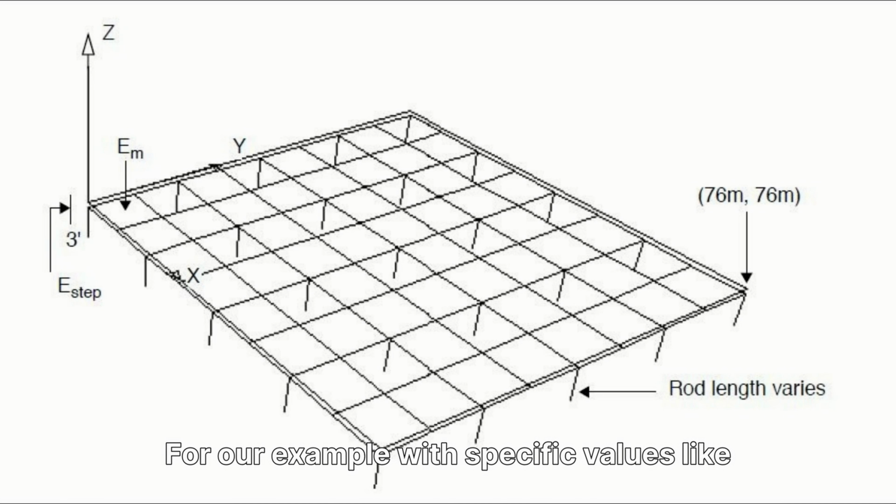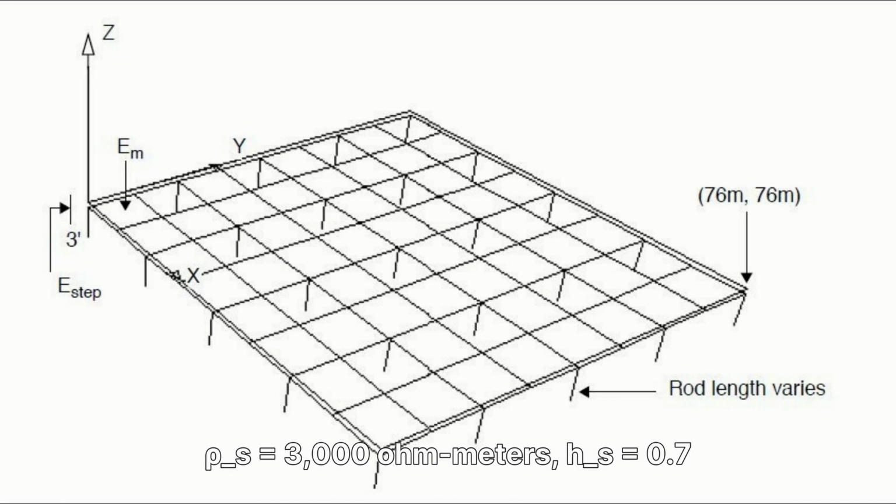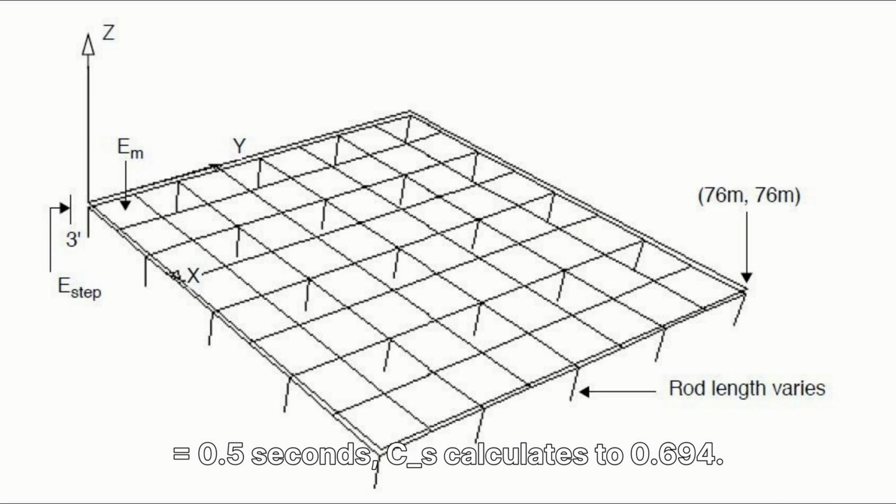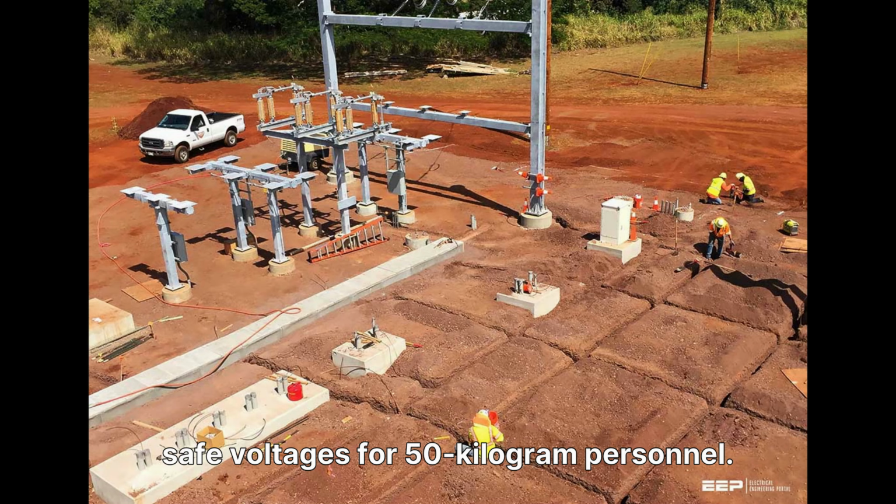For our example, with specific values like ρ_S equals 3,000 ohm-meters, H_S equals 0.7 meters, ρ equals 40 ohm-meters, and T_S equals 0.5 seconds, C_S calculates to 0.694. This C_S value leads to a tolerable E-step of 2,213 volts and a tolerable E-touch of 676.4 volts, representing the maximum safe voltages for 50 kilogram personnel.